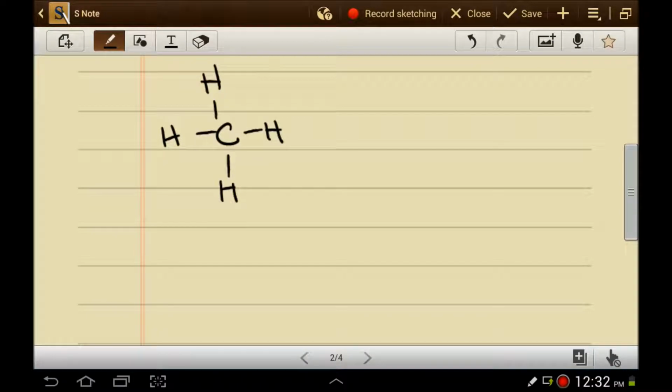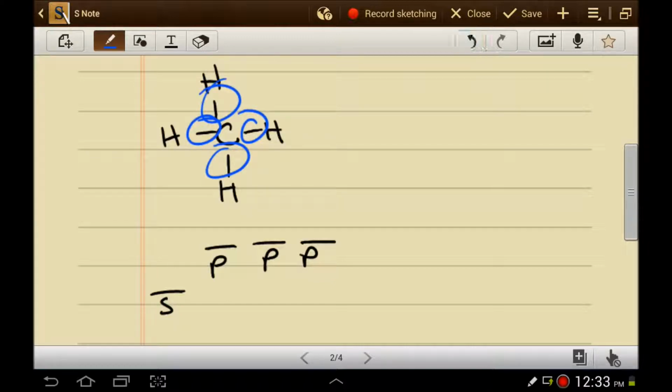In the methane molecule, the carbon in the second energy level has s and 3p orbitals. Now, these orbitals do not all have the same energy. So if the carbon is going to need 4 equal energy orbitals to place the pairs of electrons in the bond in, then it's going to need 4 equal energy orbitals, and it doesn't have those.